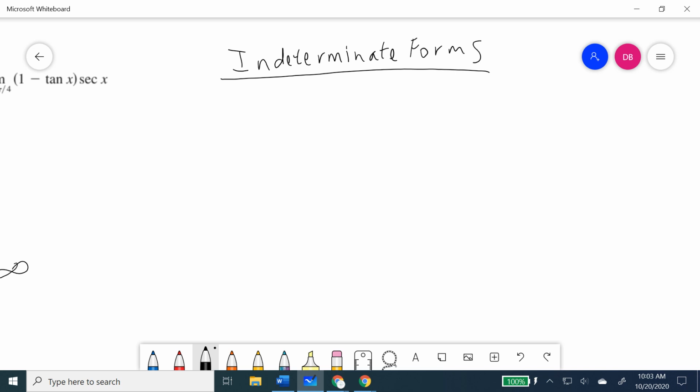So far we have 0 divided by 0 and infinity divided by infinity, but there are more indeterminate forms than that. Another form is 0 times infinity. And I want to show you that 0 times infinity is actually the same thing as either number 1 or 2, depending on how you look at it.